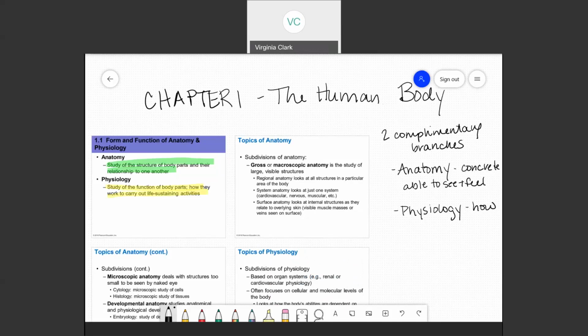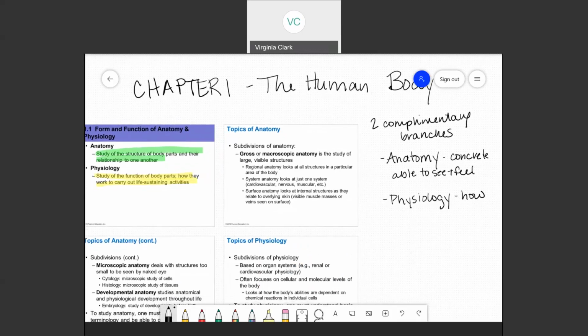The main reason these are considered complementary branches, and why the class is titled Human Anatomy and Physiology, is something we're going to get to in a minute, and that is form will determine function. So how it is organized, why it is organized, will determine what it is able to do.